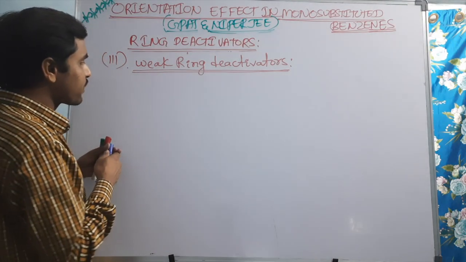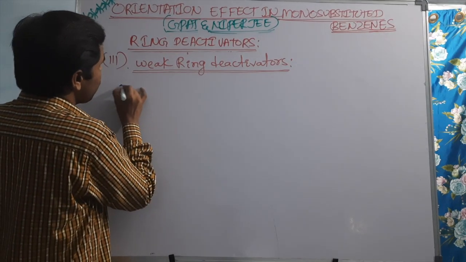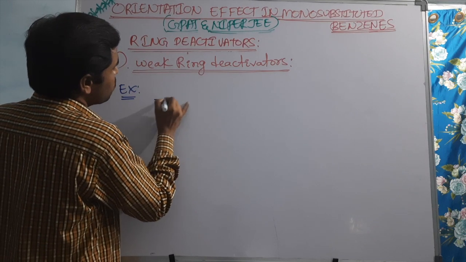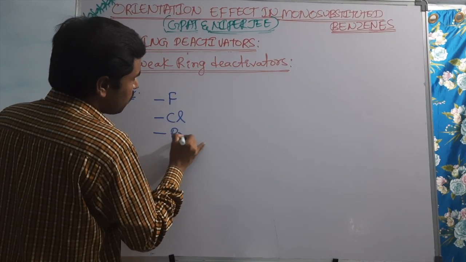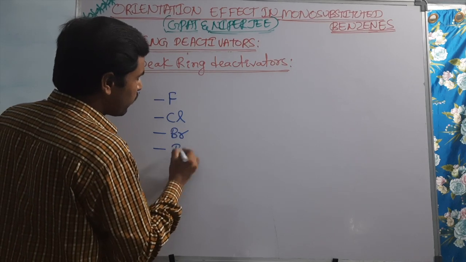What are the examples? Examples are fluorine, chlorine, bromine and iodine.